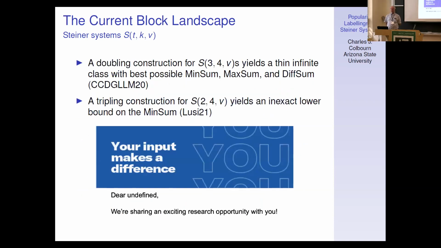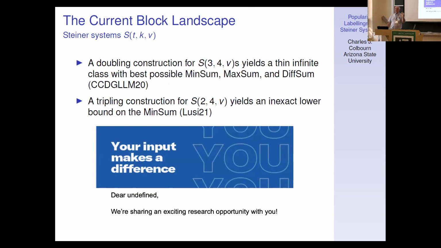So for Steiner quadruple systems, actually there's one very nice construction, just the doubling construction for Steiner quadruple systems, shows that the Boolean Steiner quadruple systems realize with equality the best bounds, which is kind of a striking result. It's a very thin infinite class, powers of 2.